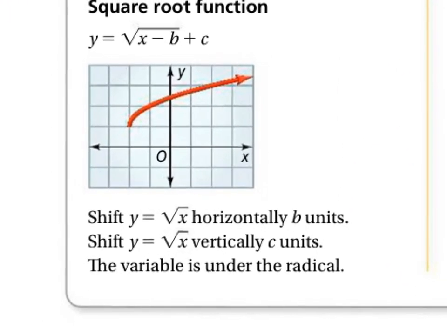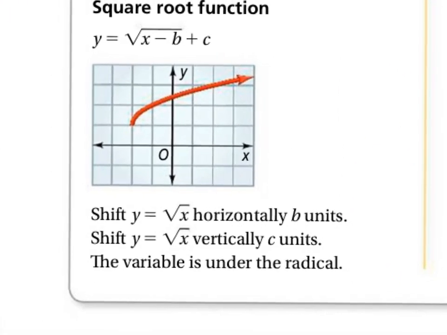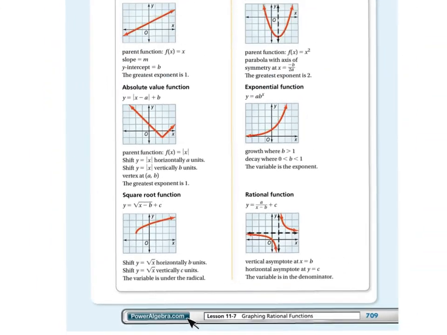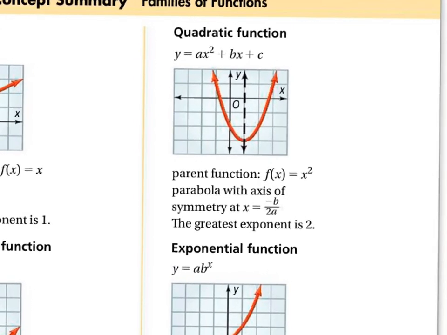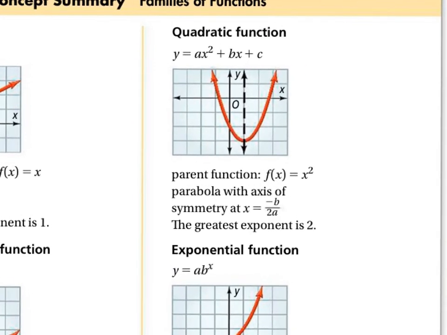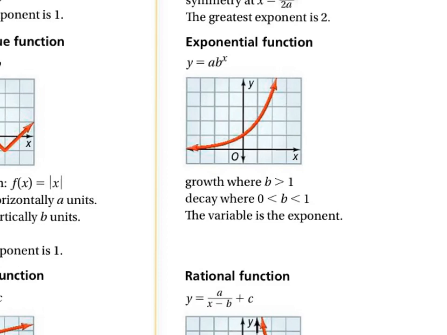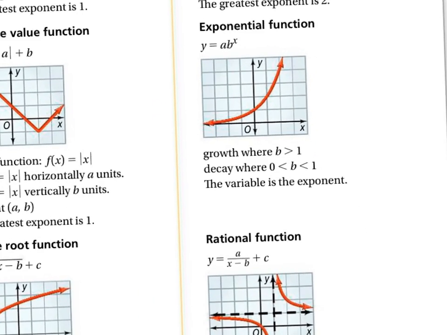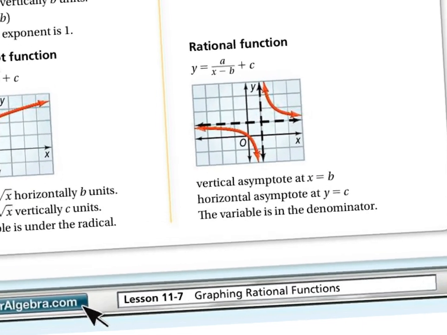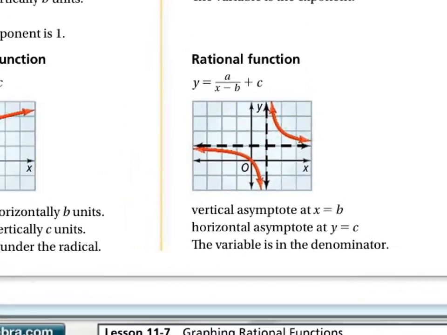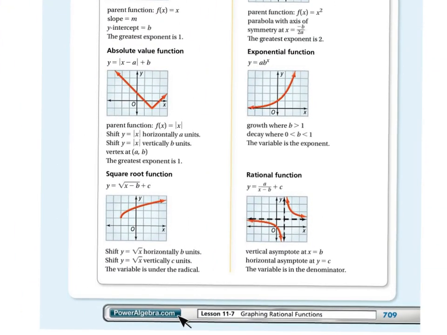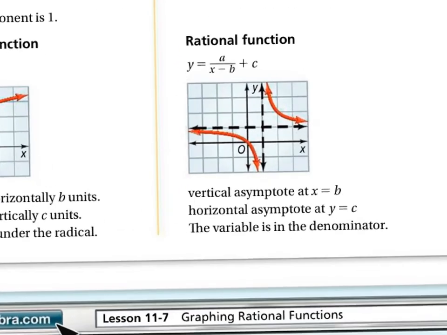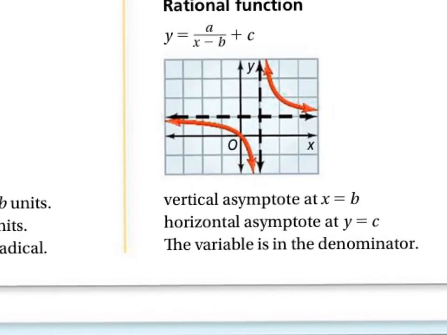A square root function is kind of like a sideways half of a parabola. A quadratic function is a parabola that we talked about. An exponential function curves up if it's increasing. And then the rational function we just talked about is almost like two sections of that exponential function, sectioned off by asymptotes.